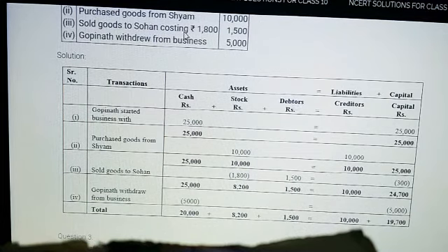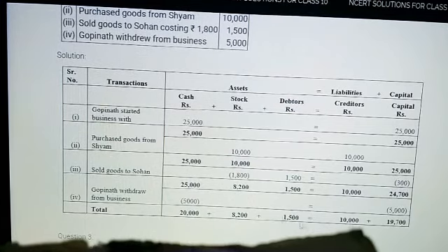How much amount do you take from him? That is 1,500, so we have written here 1,500. So goods of 1,800 are sold to Sohan for 1,500, so you are getting a loss of 300, in brackets meaning minus. So your capital is going to reduce by rupees 300.